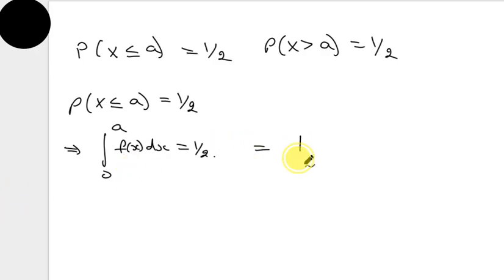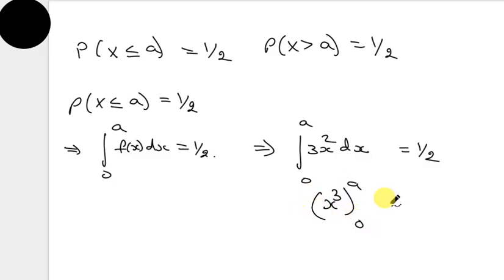So integral 0 to a of 3x squared dx equals half. Therefore, x cube between 0 and a equals half, because the 1 by 3 and 3 cancel. This gives a cube equals half, or a is equal to (1 by 2) whole power 1 by 3. This is the value of a.